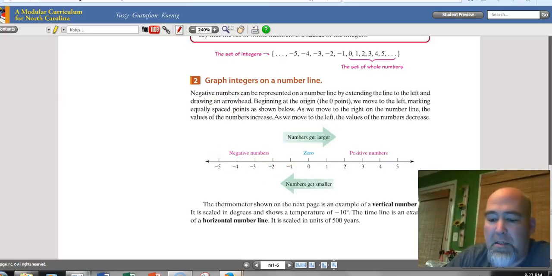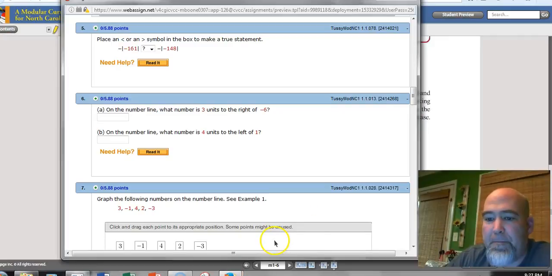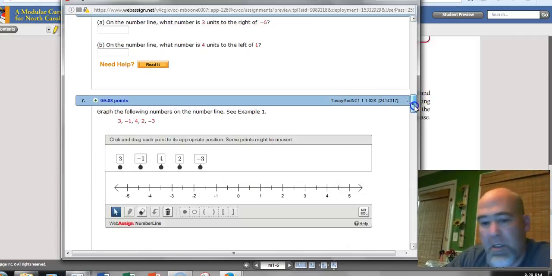So when we're looking at this particular problem, on a number line, what number is 3 units to the right of negative 6? We're kind of making our way, seeing, am I getting closer to 0 or further away from 0? So working with your number line.